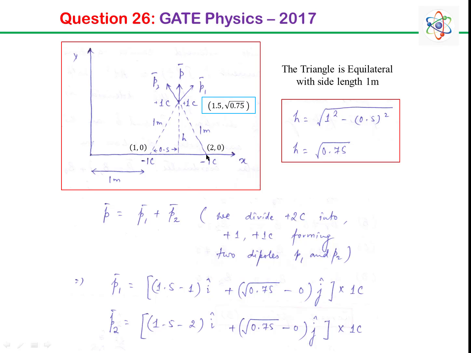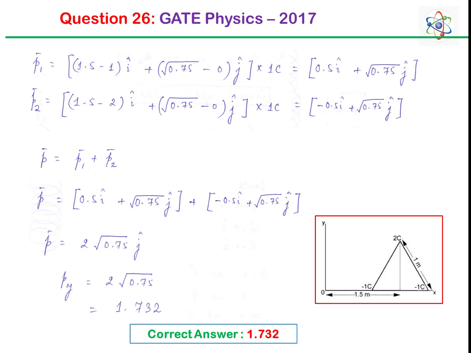So doing that, we will get P1 equals (1.5 minus 1) i plus (root 0.75 minus 0) j, into 1 coulomb, and P2 will be given as (1.5 minus 2) i plus (root 0.75 minus 0) j, into 1 coulomb. Simplifying, we will get P1 equals 0.5 i plus root 0.75 j, and P2 will be minus 0.5 i plus root 0.75 j.